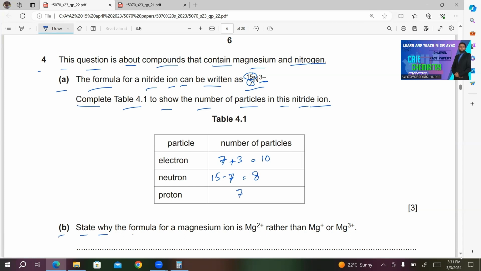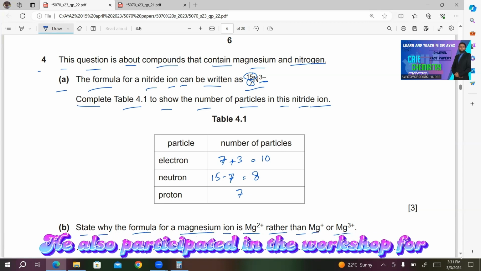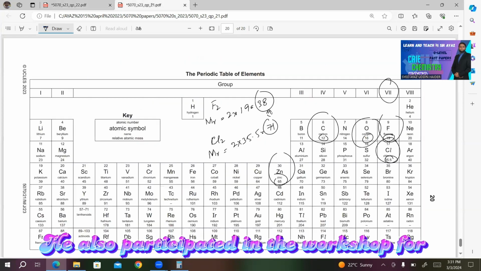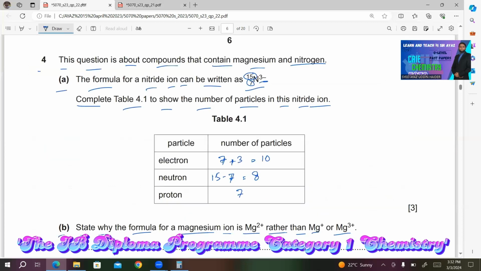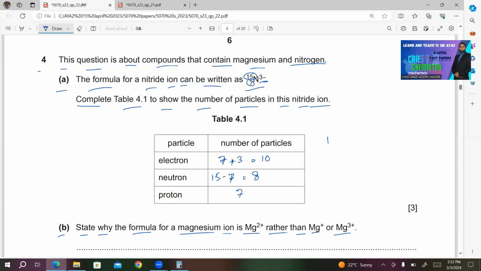B. State why the formula for a magnesium ion is Mg2 plus rather than Mg plus or Mg3 plus. Now look at the position of Mg. It's in group 2. Proton number of Mg is 12, which means it must have 12 electrons. Coming back to the question, Mg and Mg plus 2.